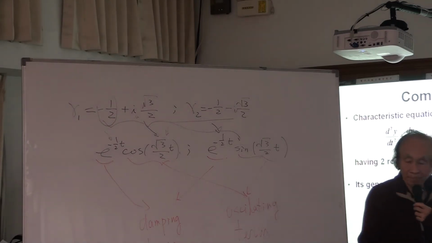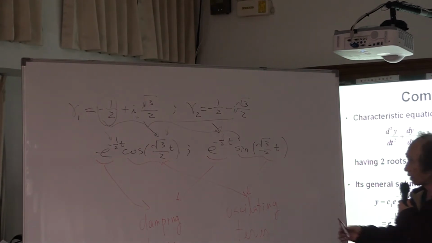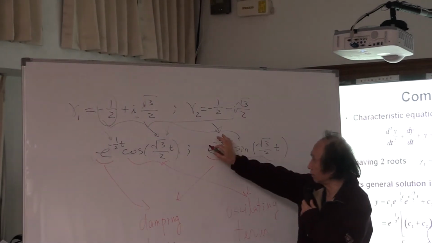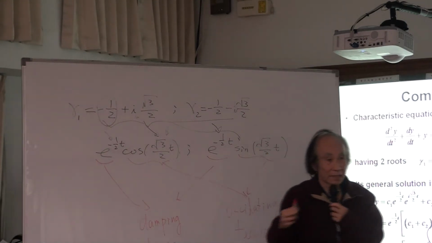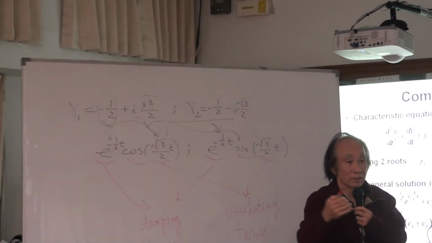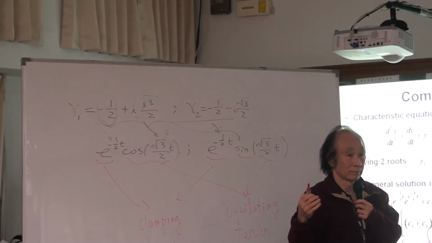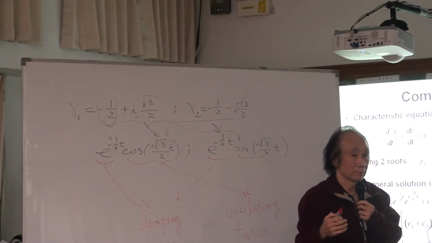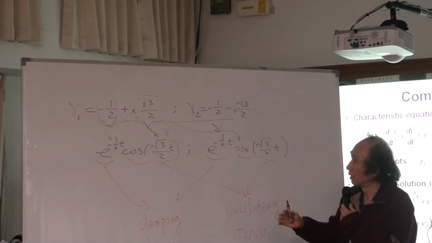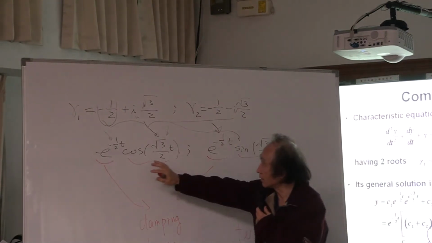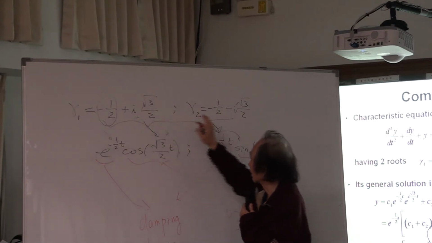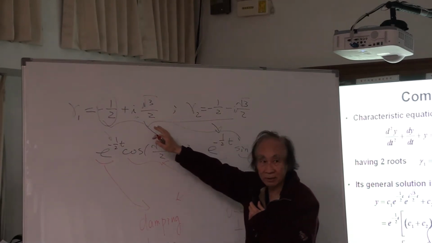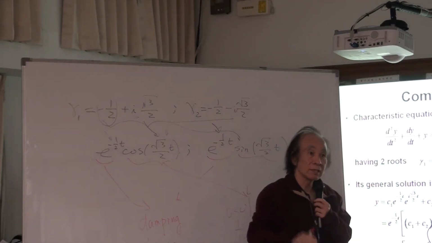In other words, if I don't have the e term, I have only cosine and sine, that's just a spring. They will oscillate forever. They won't stop. If I have only the e term, not cosine and sine, in other words only the real part, no imaginary part, then I have no oscillation at all.